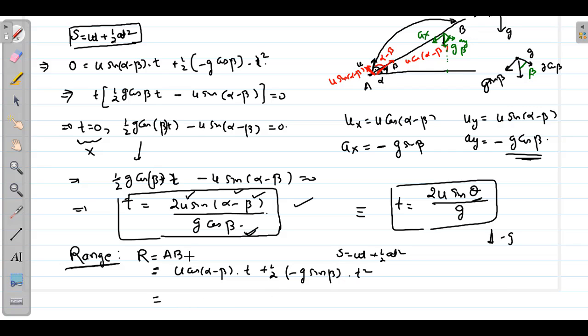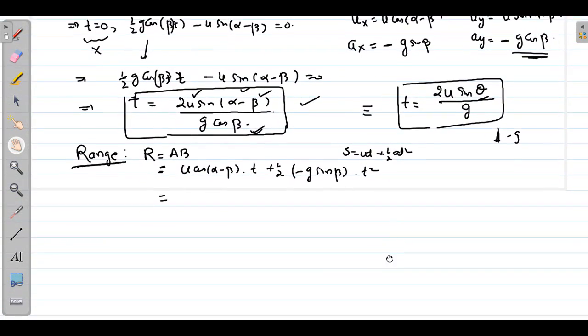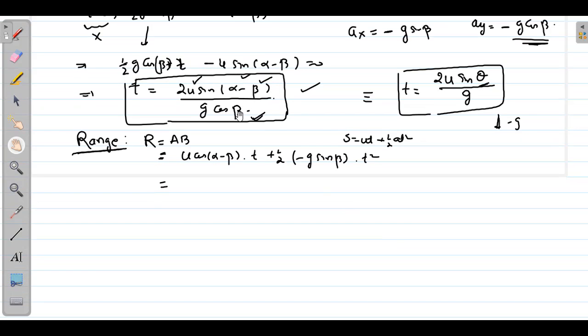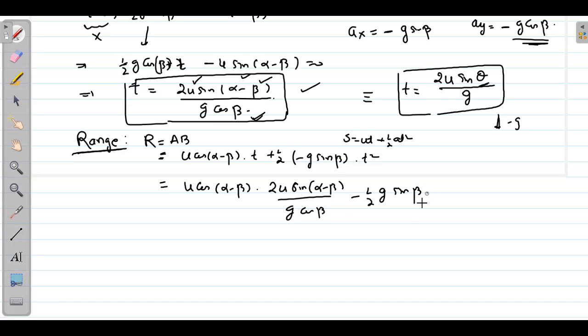Now what is t? T is the time of flight, and time of flight we have found is 2u sine alpha minus beta by g cos beta. We substitute this t in this equation and we get u cos alpha minus beta into 2u sine alpha minus beta by g cos beta minus half g sine beta into t square.